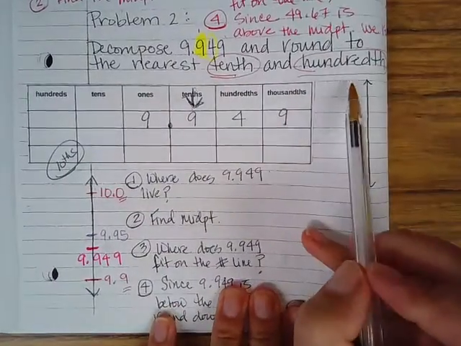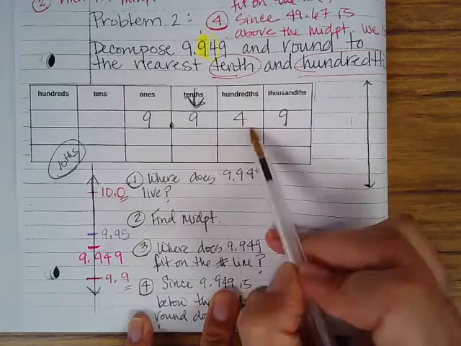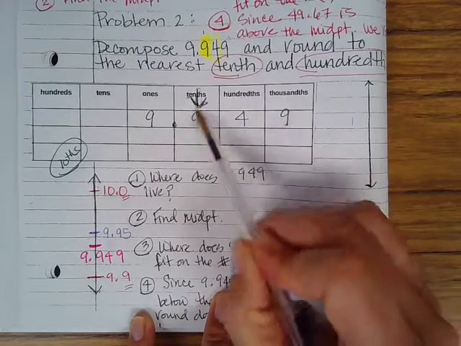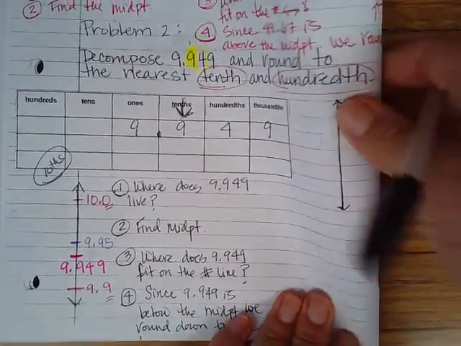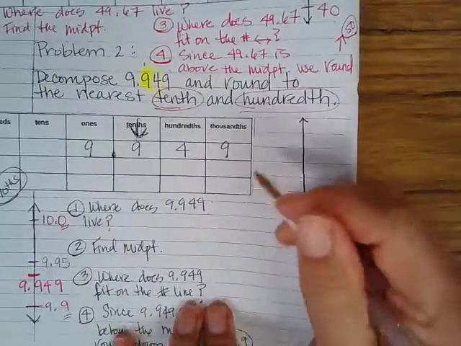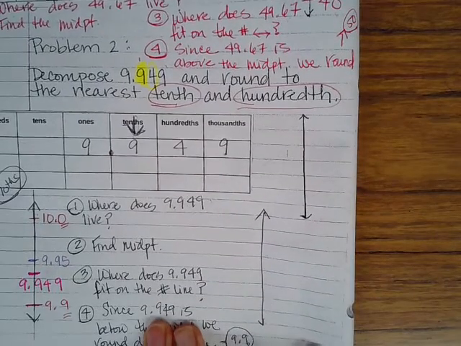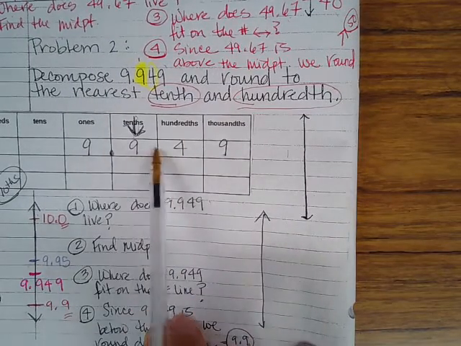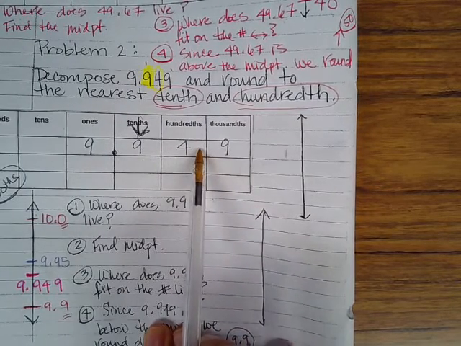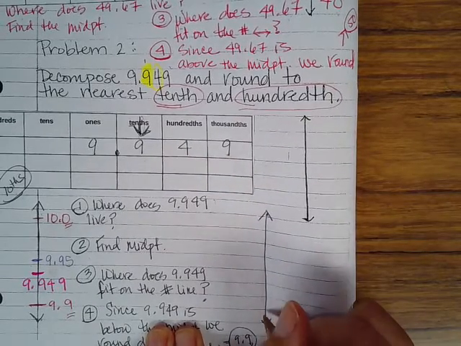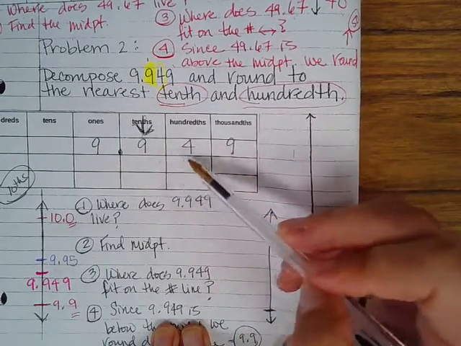So, because we're rounding to the nearest hundredth on this next one, we're going to include the hundredths on our number line. Okay, so I need to make some room here. All right, so now we're rounding to the nearest hundredth. So that means we have to include hundredths. The smallest hundredth that we are going to have to worry about is 9.94.